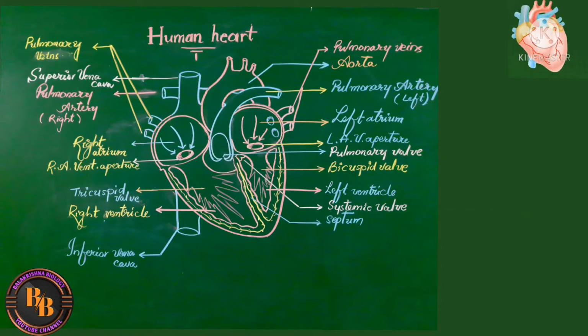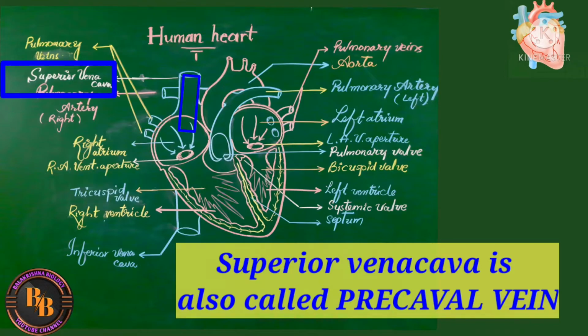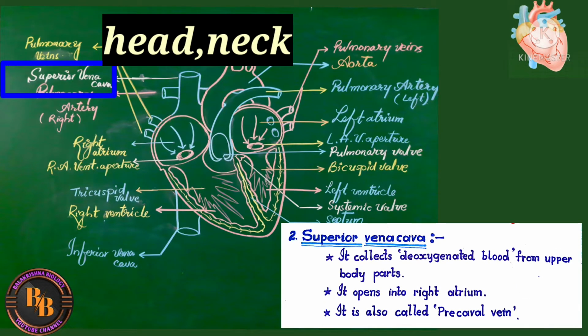Next, the second blood vessel connected to the heart is the superior vena cava. It is also called the precaval vein. This precaval vein collects deoxygenated blood from upper body parts like the head and neck.